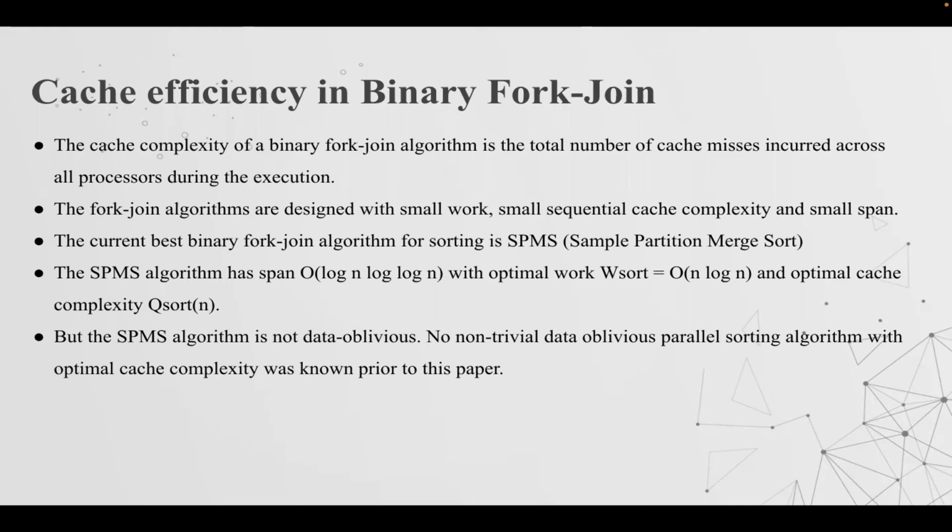This sample partition merge sort has a span of O(log n log log n) with optimal cache complexity. SPMS is the best algorithm, but the reason it is not used in this paper is that it is not data oblivious, and no non-trivial data-oblivious parallel sort algorithm with optimal cache complexity was known prior to this paper.